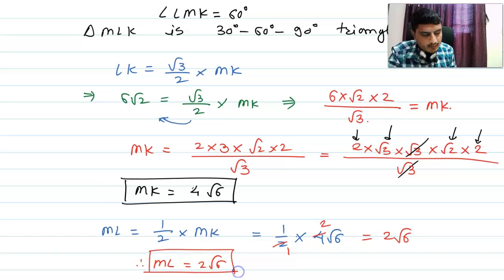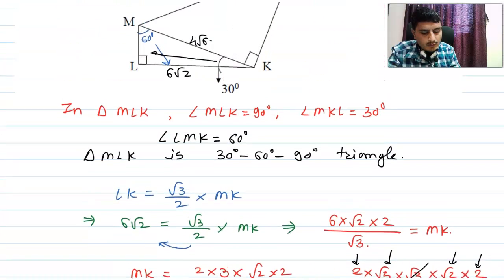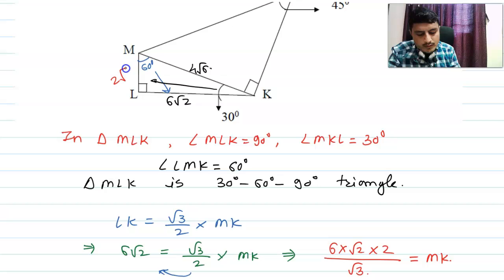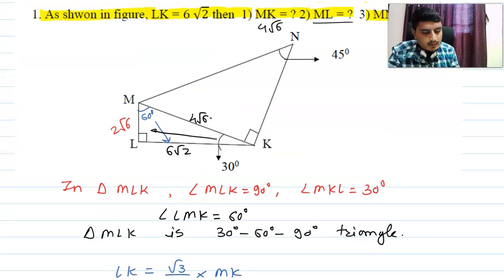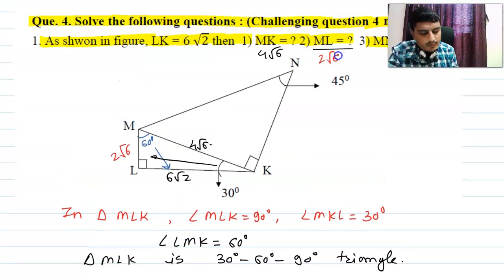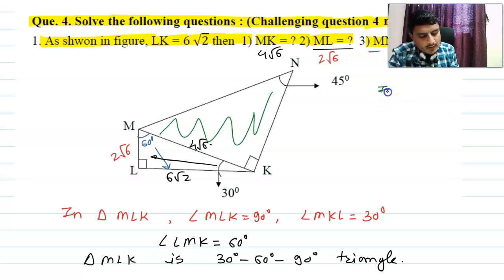So look at the figure again. We have the value of ML equal to 2 times root 6. Now try to evaluate MN. For evaluating MN, look at MN, which is a side of triangle MKN. So I am writing here, in triangle MKN we have angle MKN equal to 90 degrees.